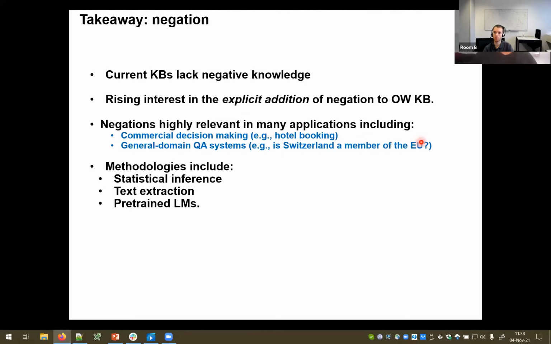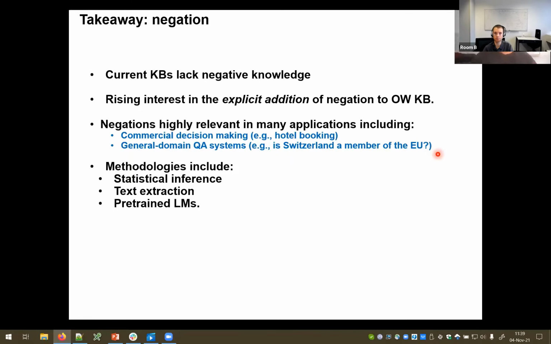We have seen a few examples why negation can be highly relevant in applications like entity summarization or commercial decision making, like when you're booking a hotel, and this also generalizes to online shopping in general. And also QA systems, where if I ask, is Switzerland a member of the EU, I should be able to get a definite answer from the knowledge base that it's not. This isn't an absent statement. It is in fact negative.